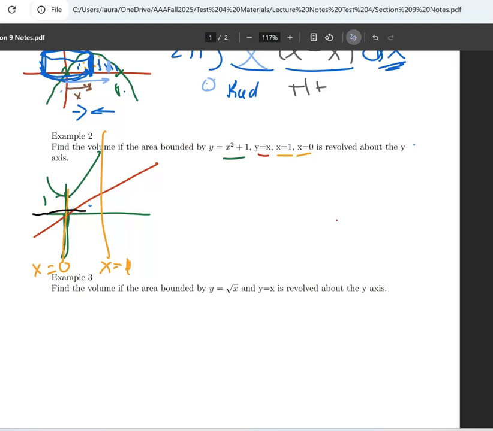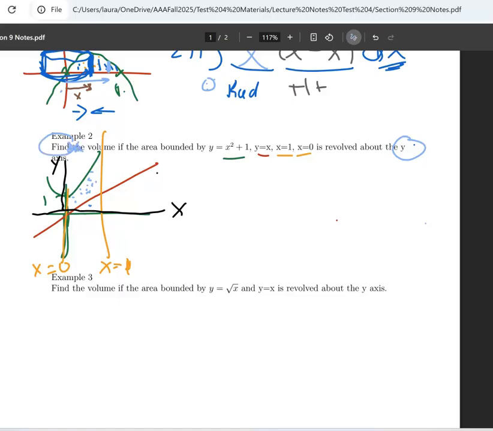Actually, let me make this x-axis and this y-axis. Well, yeah, there's a y-axis. It did not say y equals 0, so the x-axis is not being used to find the area bounded. If I'm looking for the area contained by all of the graphs, it would look like this. Okay, I'm going to be revolving it about the y-axis.